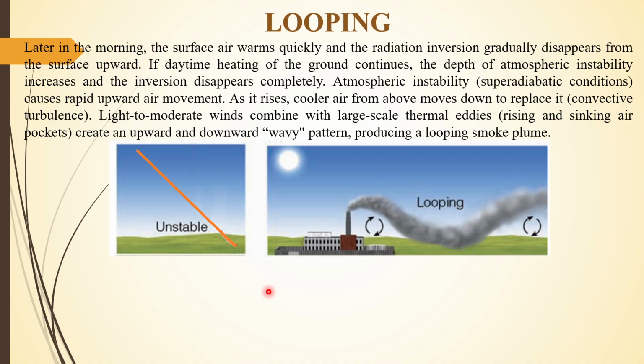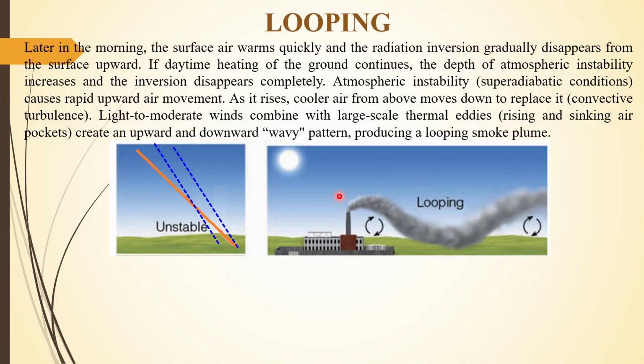So you can see that this is the afternoon, and this is the atmospheric ambient temperature profile. If I put the dry adiabatic lapse rate here, you can see that the air parcel is warmer than the surroundings, so it tends to go up.